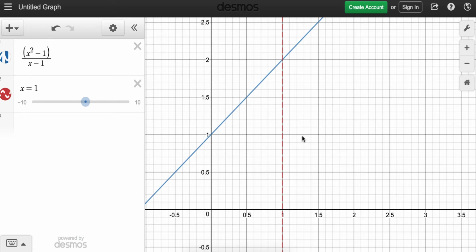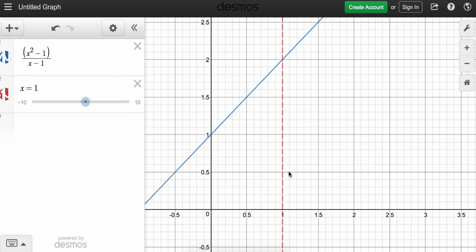Okay? So the limit is the behavior of your function around a particular x value. So for this function right here, for example, x to the 2 minus 1 over x minus 1, we know that at x equaling 1, the function is not defined.